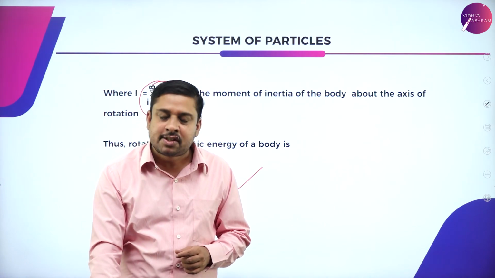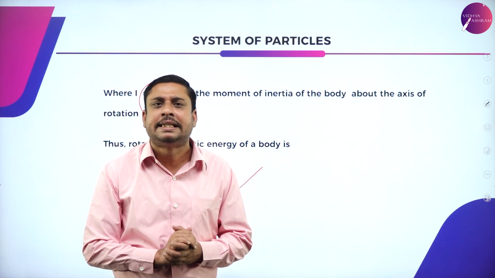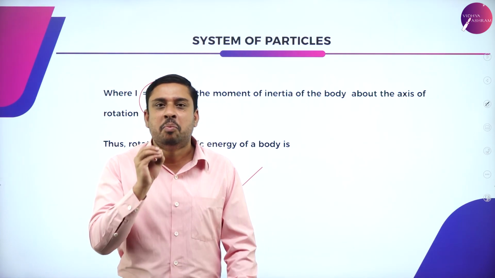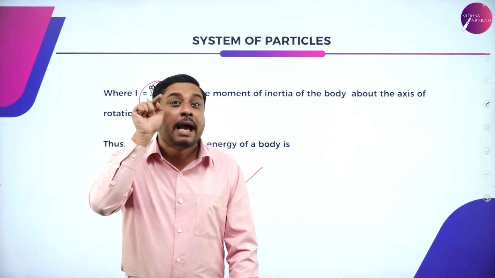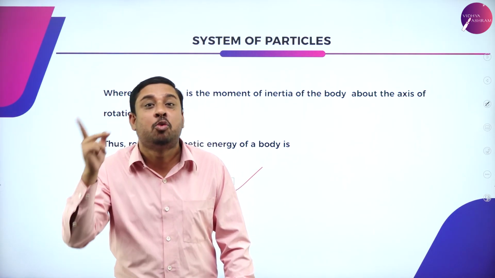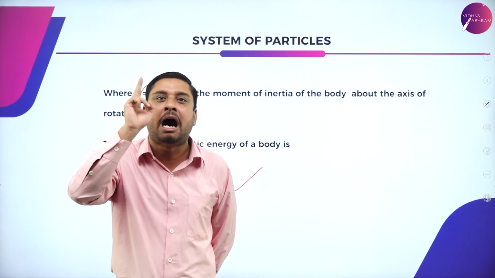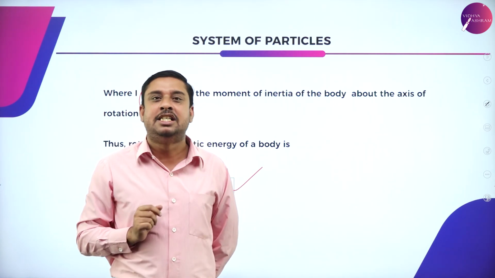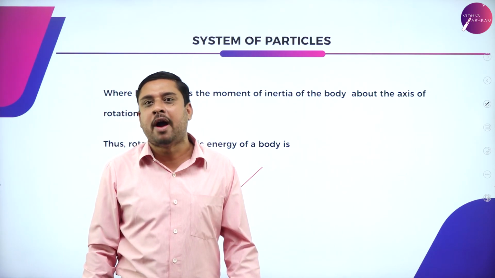So, students, in today's session, we learned very important theorems. First, the perpendicular axis theorem. Moment of inertia of any body about an axis perpendicular to the plane should be equal to what? Sum of moment of inertia about the other two axes at right angles to each other and intersecting at the common point.